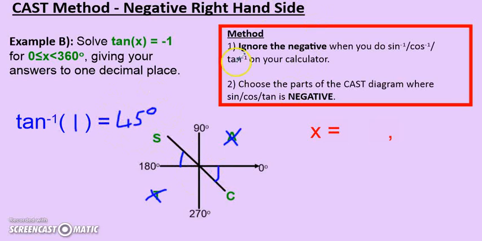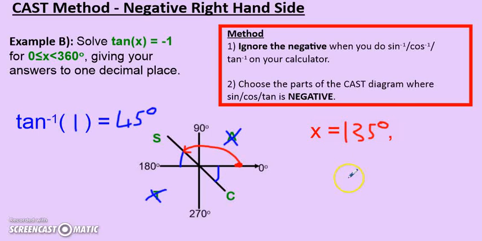So now we're going to measure our two solutions. Anti-clockwise from 0 is what we've always been doing. So anti-clockwise from 0 to that solution, that's a half turn, 180 minus 45. So it's 135 degrees. It says to 1 decimal place, but it's an exact value, so I'm just going to leave it like that.